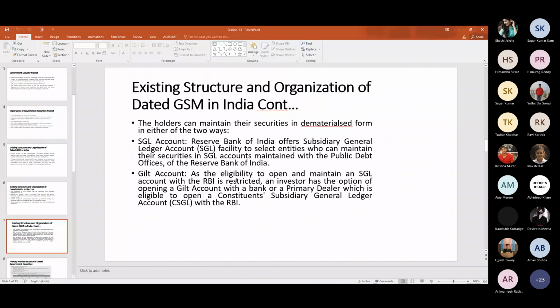If you want to invest, you go to a bank or a primary dealer and open an account, what we generally call the gilt account. Through that gilt account, you can invest in these securities through that commercial bank or primary dealer. So the primary dealer will invest through the SGL account and you are investing through the gilt account. These are the two accounts available for investment in government securities.